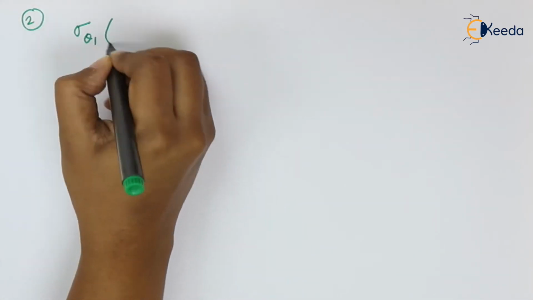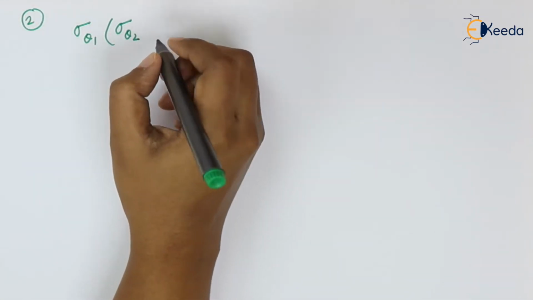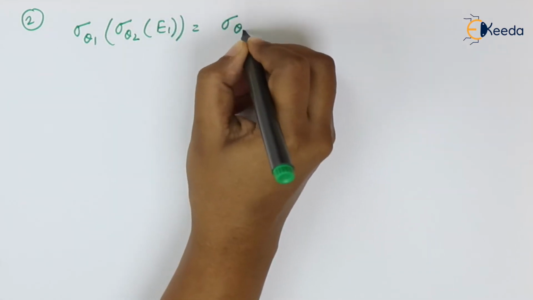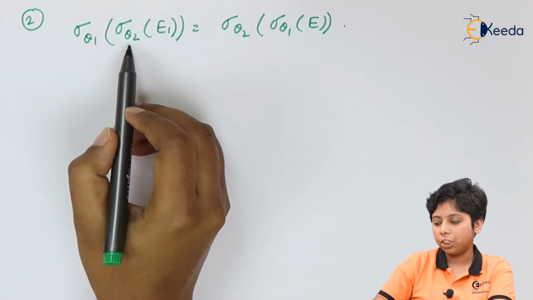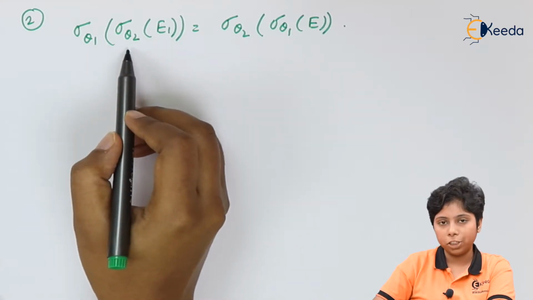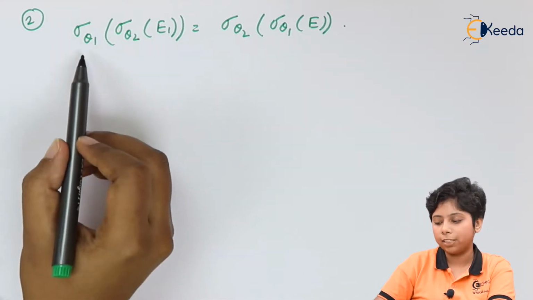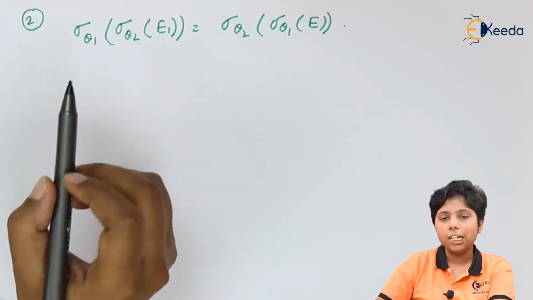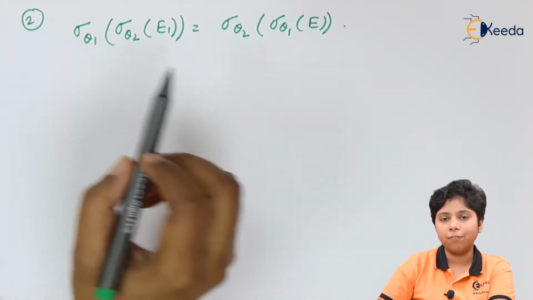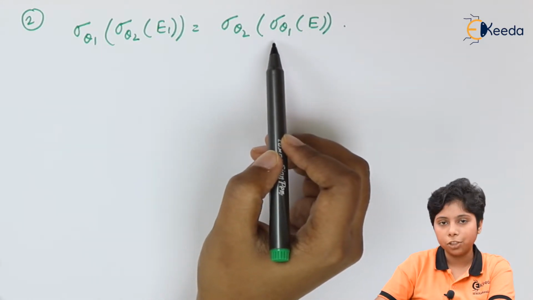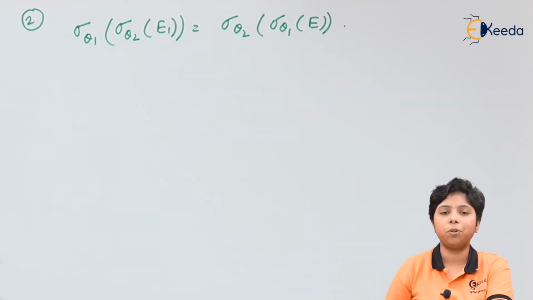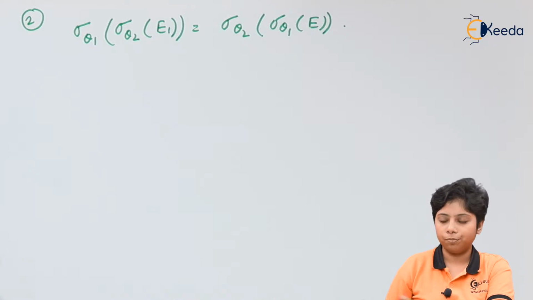Next is commutativity. If we perform the selection on E1 on a theta 2 condition, and from that selection we select on a theta 1 condition, it will produce the same result as selecting on theta 1 first, and then based on that output applying theta 2.